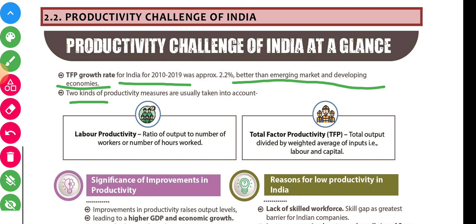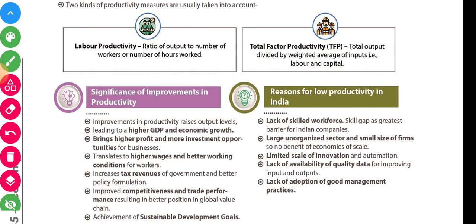Two kinds of productivity measures are usually taken into account: labor productivity, the ratio of output to number of workers or number of hours worked; and total factor productivity, total output divided by the weighted average of inputs, that is labor and capital.